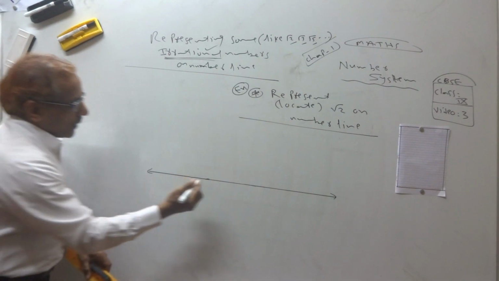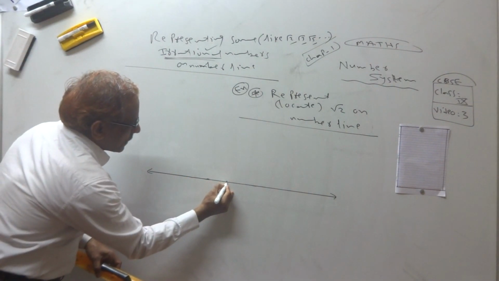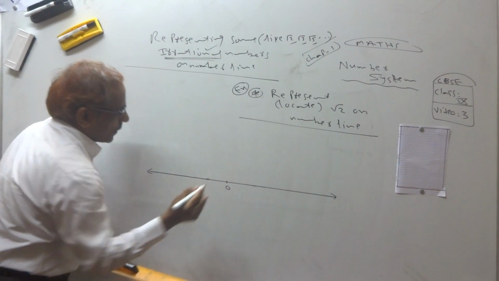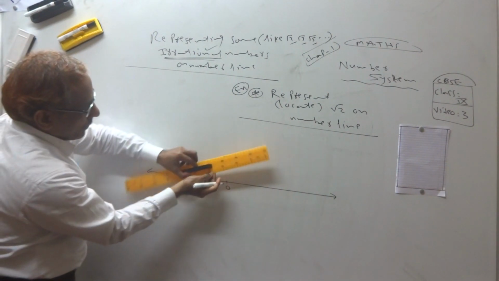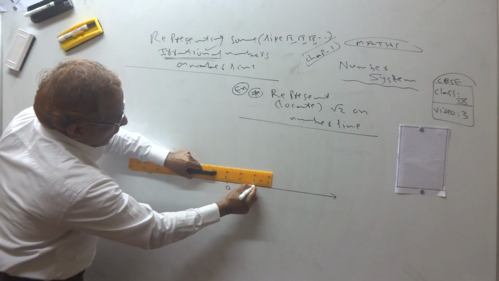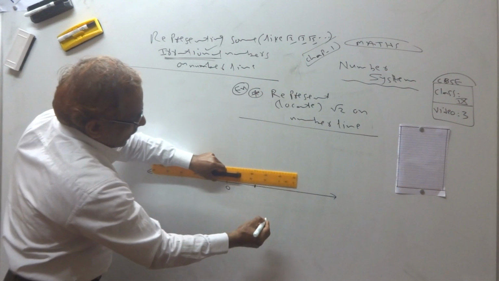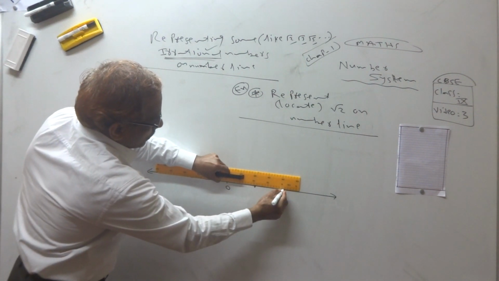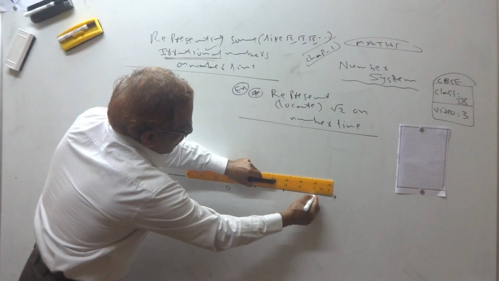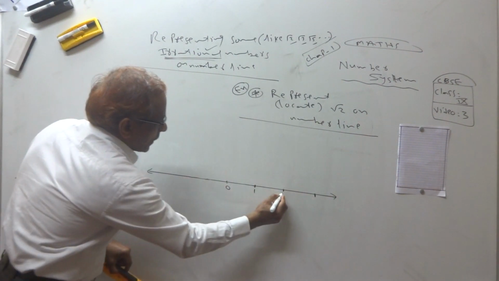Okay. So I am taking this as 0. Suppose this is 0. Then I will take 1. You see here. This is my 1. Then next, this is my 2. Then this is my 3. So I am taking it with a big gap.